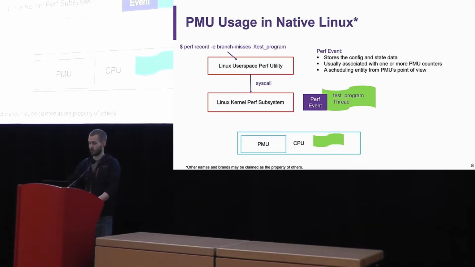The reason for doing this is that there may be multiple sources of perf events in the system. So not just this single perf running the test program, but you can have other things that attach perf events to this. So scheduling means that when we schedule that thread onto a logical CPU, the perf subsystem also schedules the perf events onto the PMU.